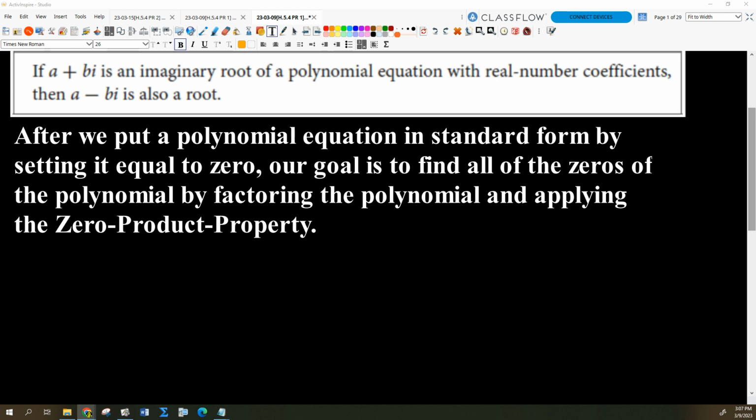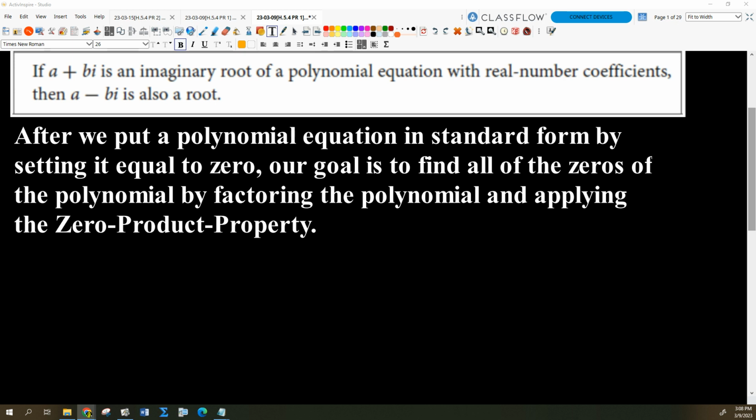To build up to that, we've got to review a lot of the stuff that we've already done. If we're going to solve a polynomial equation, we have to put it in standard form first by setting it equal to 0. And then what we're going to end up doing for the next 3 sections in this unit is doing stuff we've already done in the past with just bigger polynomials.